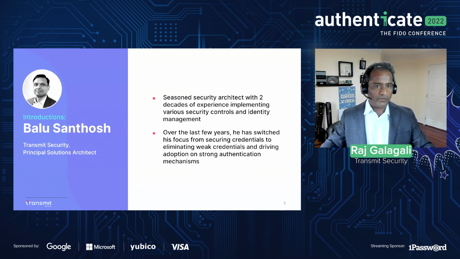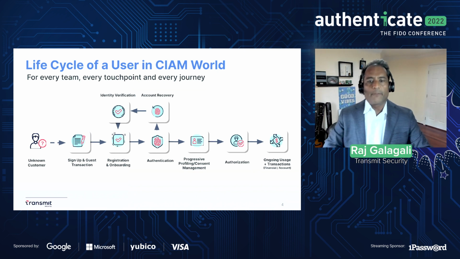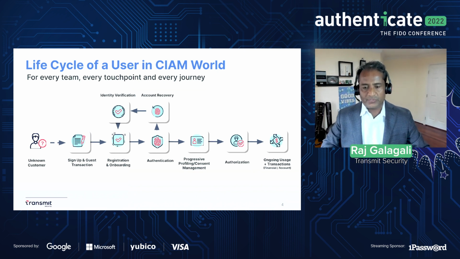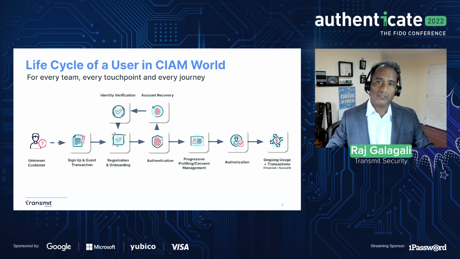I'm going to skip over our bios, and I'm going to start by sharing our views as to what we believe is the life cycle of a user in a CIAM world. We view that every enterprise has just two types of customers. The first type are those customers that the enterprise is trying to acquire or bring on board.